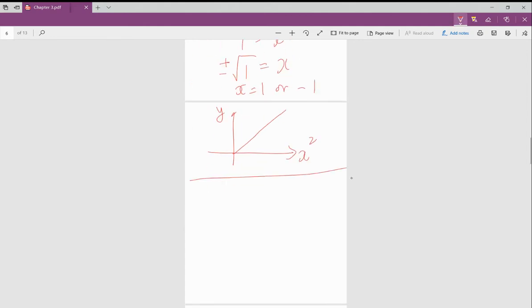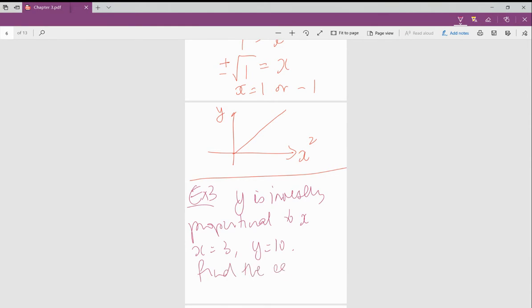Inverse proportion, again, similarly, the equation. For example, example 3: y is inversely proportional to x, and x equals 3 when y equals 10. Find the equation.